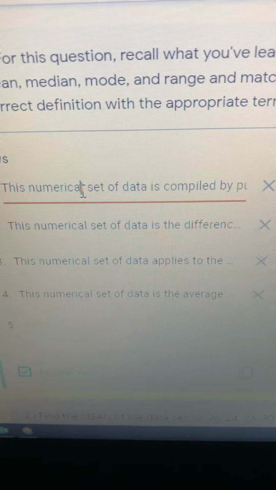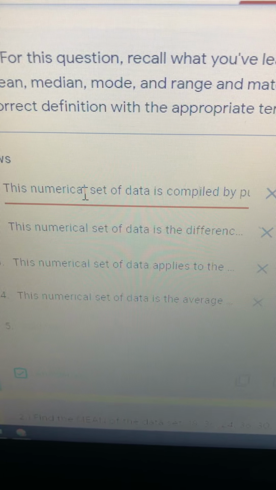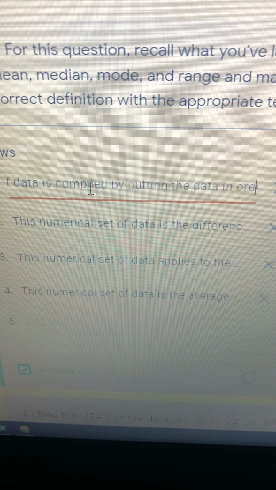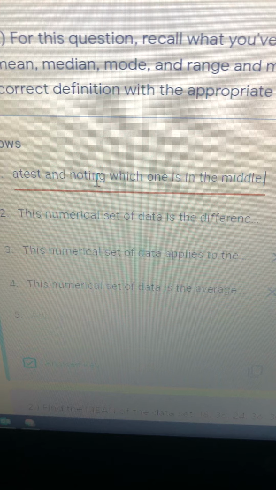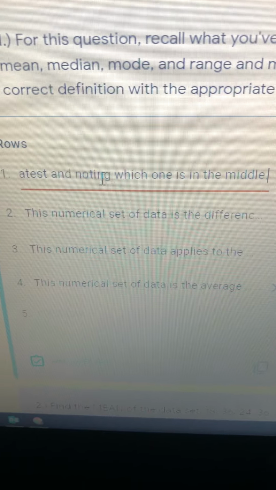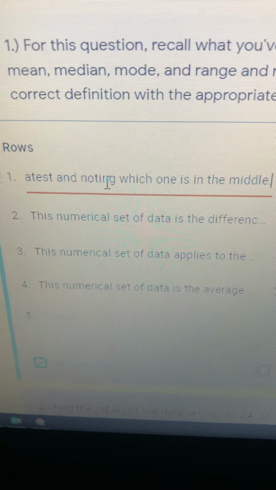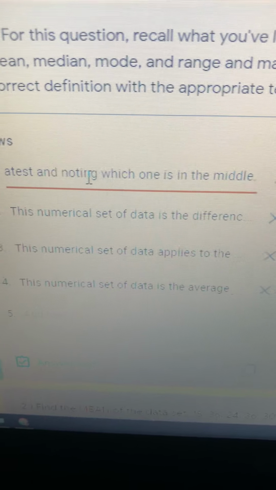This numerical set of data is compiled by putting the data in order from least to greatest and noting which one is in the middle. So the set of data that's in the middle should be the what? Which word reminds you of middle?